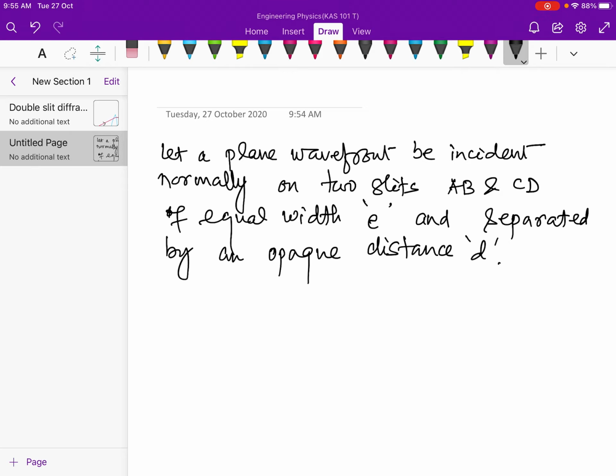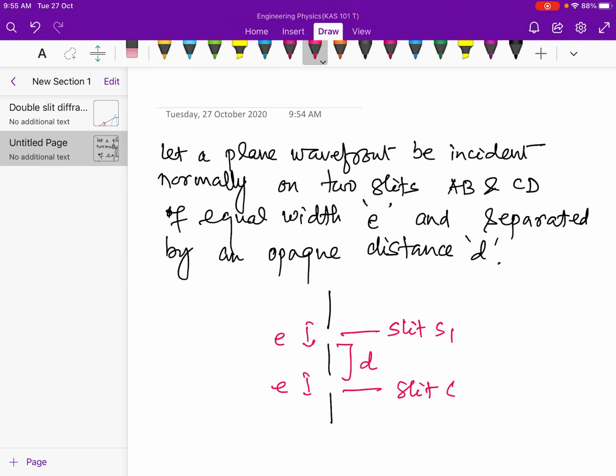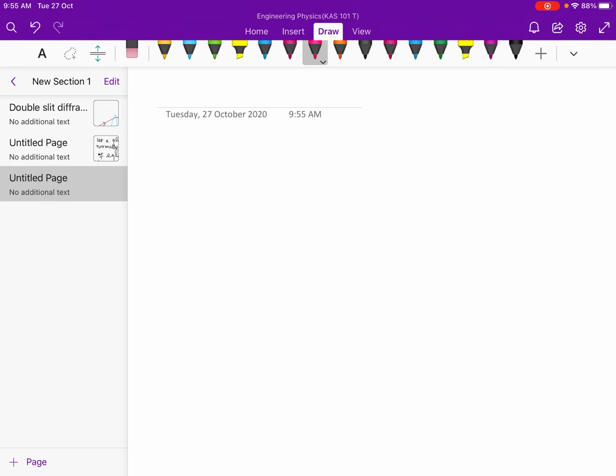So what we have, these are two slits. This is one slit, this is another slit, and this is your opaque space. Slit S1, slit S2, this is your opaque space. Opaque space means the space through which light cannot penetrate to the other side.